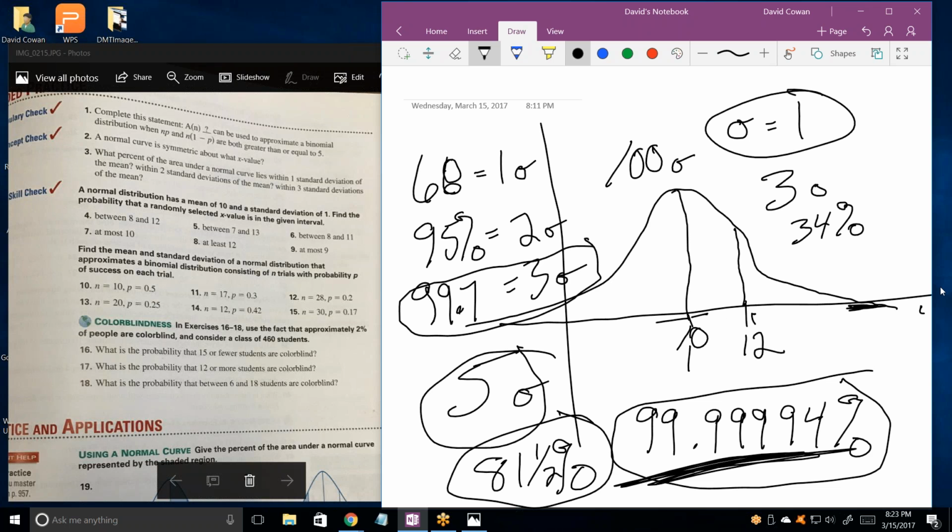It's not 95%, it's half of 95%, which is 47.5%. This area over here is 50. Well, what's that leave for this tiny area over here? 2.5%. So the odds of the number being at least 12 is only 2.5%.